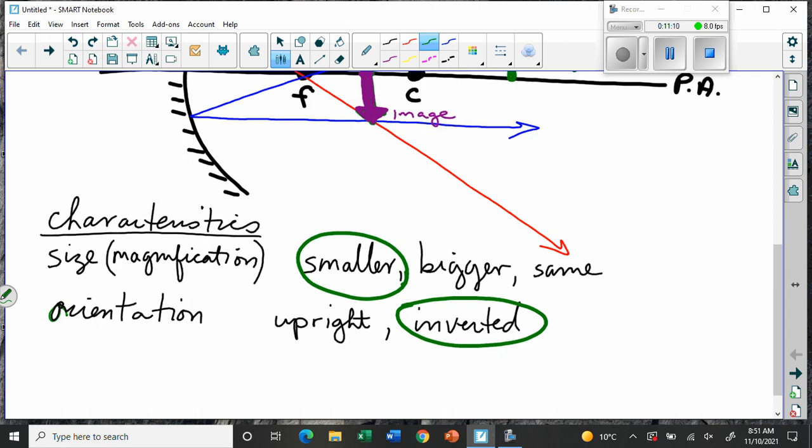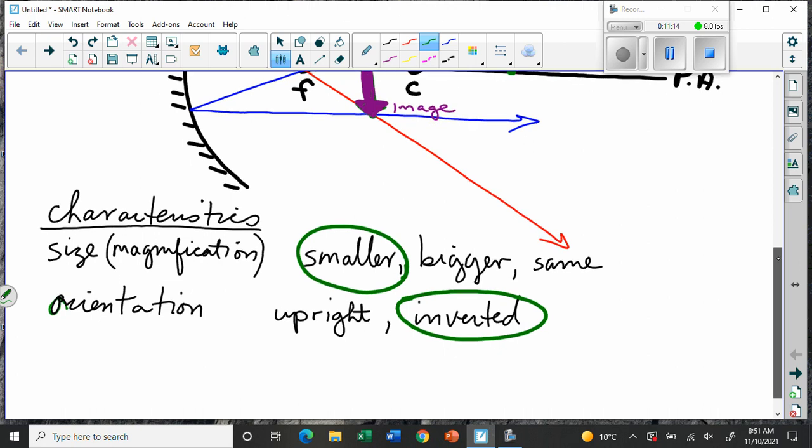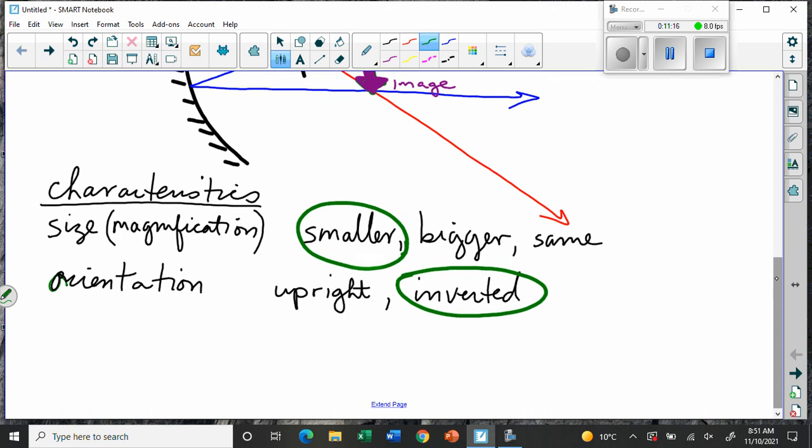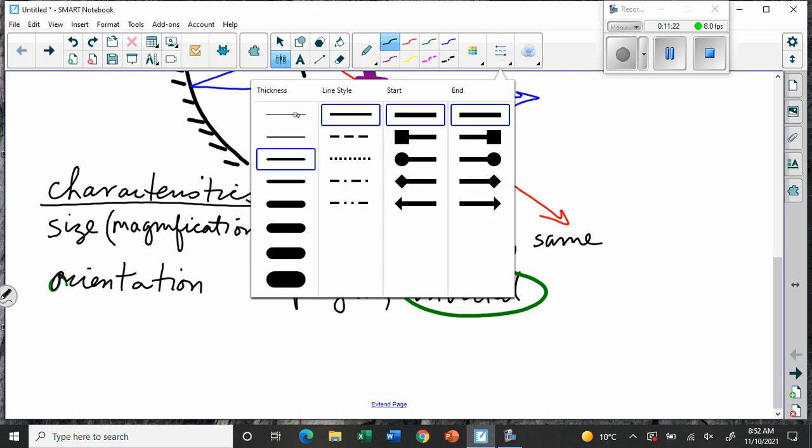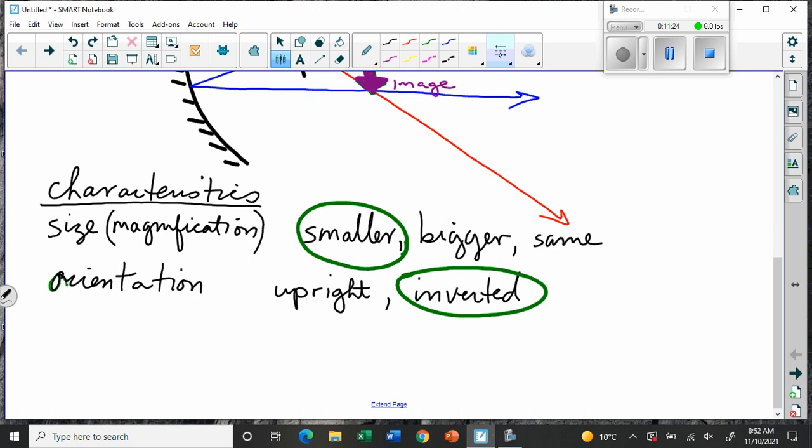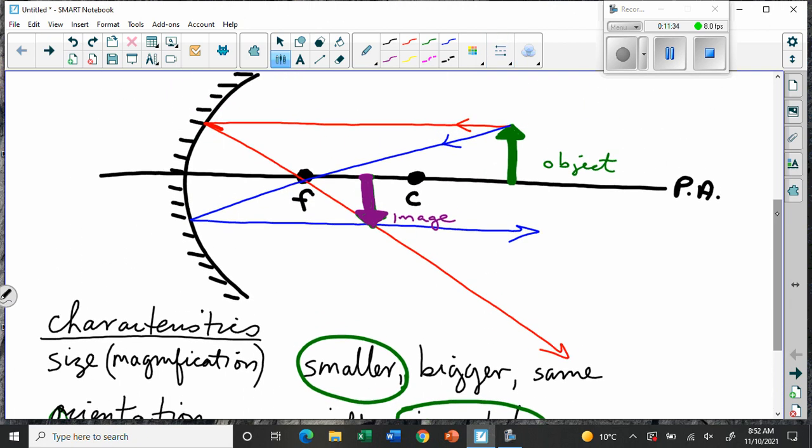Now, the other characteristic that we like to look at is its position. Where is the image found? So its position, now, there are several options. What we do is we divide up the places where things can be depending on the focus and the center of curvature.